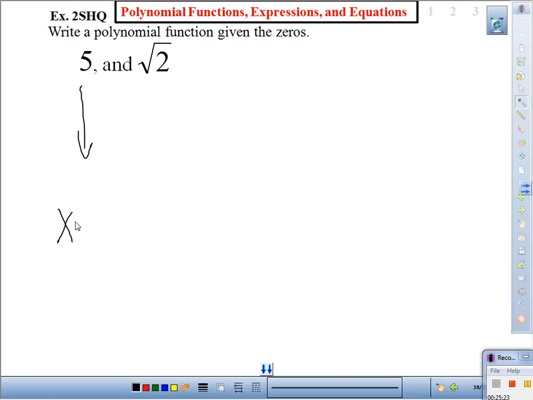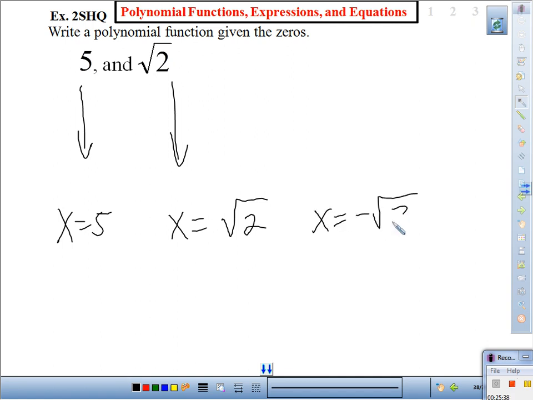My 0, x equals 5. x equals plus minus, that is correct. Positive square root of 2 and x equals minus square root of 2. Copy that, please. And of course, working backwards is the same thing.